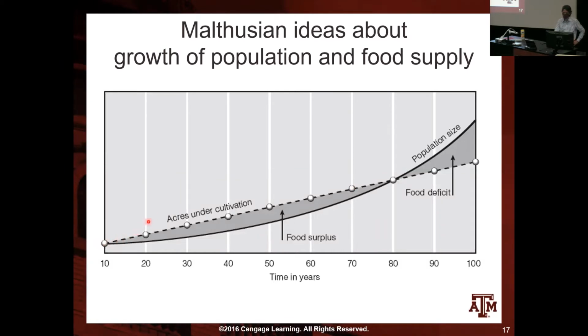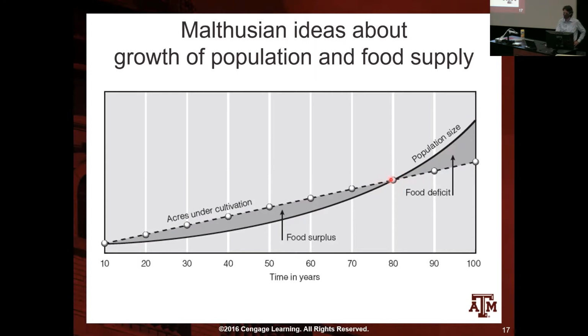So this is the capacity of humans in a specific society to have food being produced in acres that are under cultivation. It grows because technology increases our knowledge about how to produce food. At a certain point, the population size is lower than our capacity to provide food to that population, but population starts to grow at a faster pace, an exponential, geometric pace.